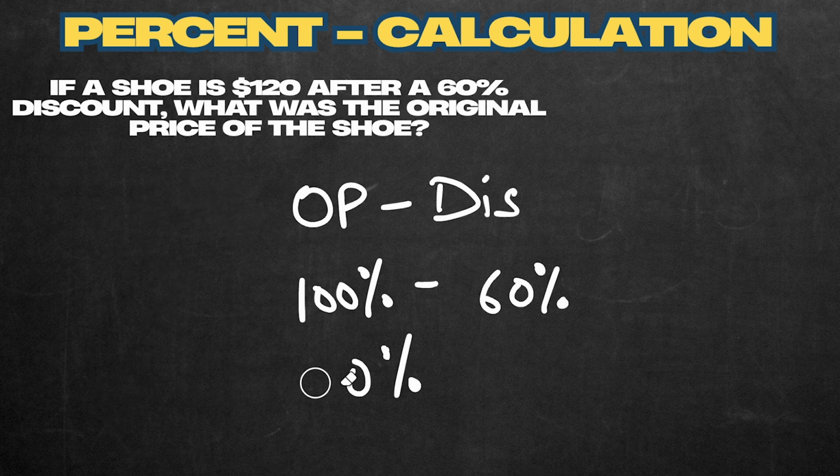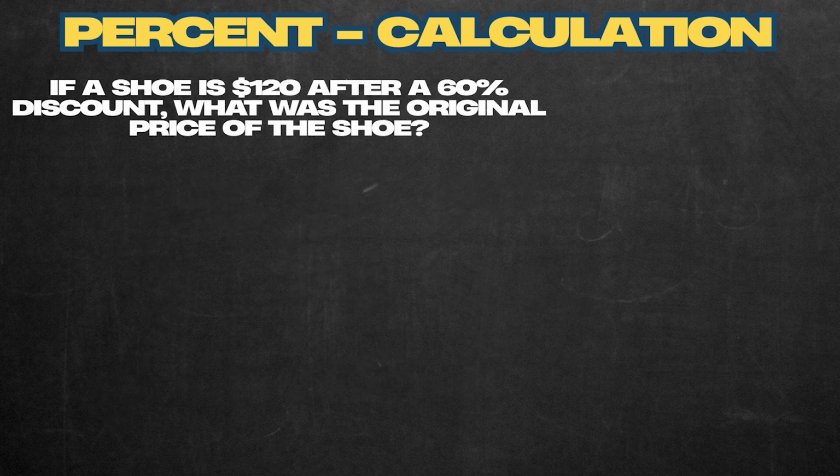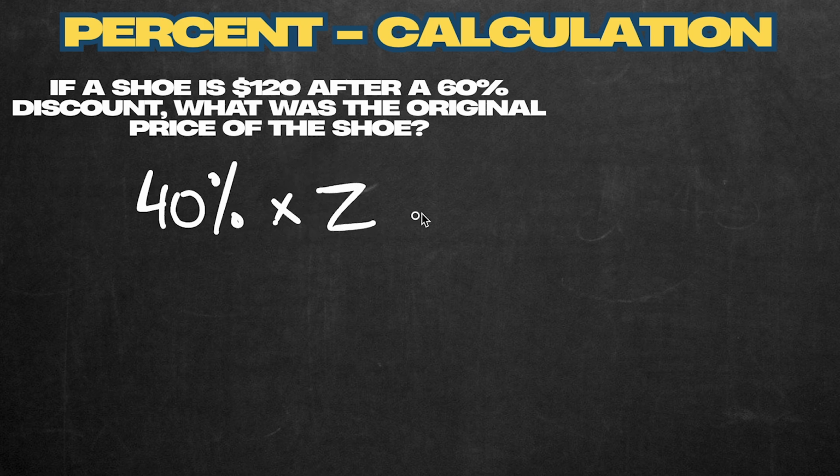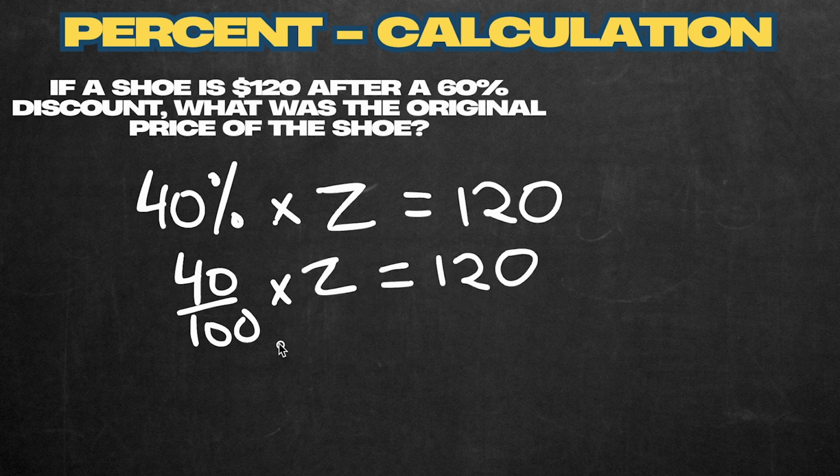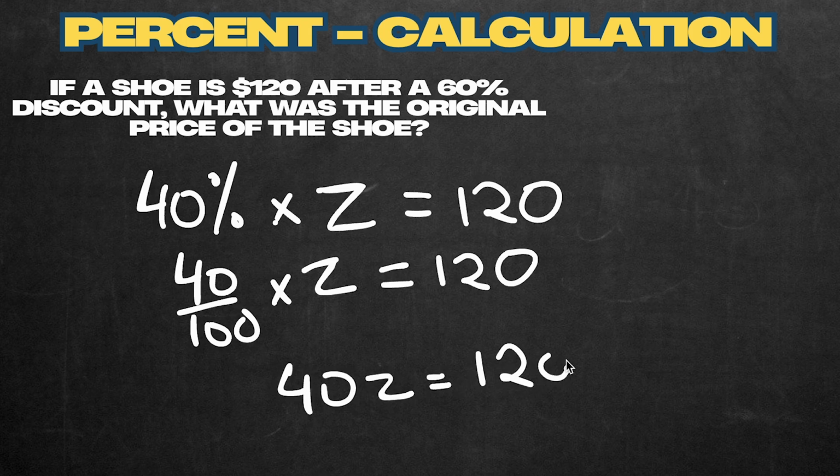So let's calculate based on 40%. 40% of some price, let's say that price was Z, equals $120. 40 over 100 times Z equals 120. In the logical transfer method, this 100 will go here, so it will become 40Z equals 12,000.